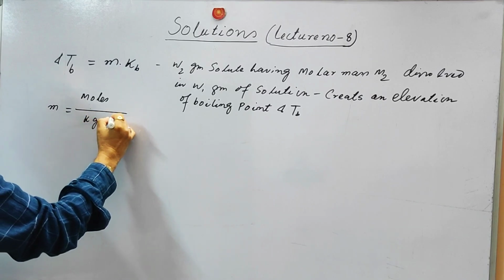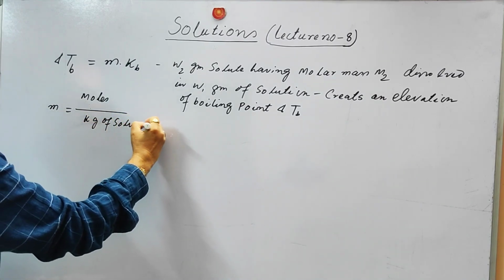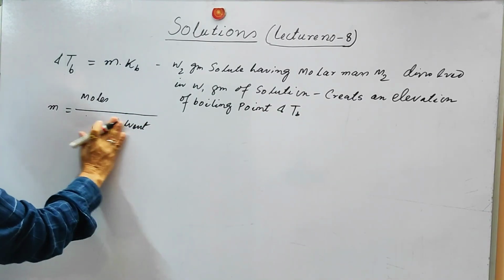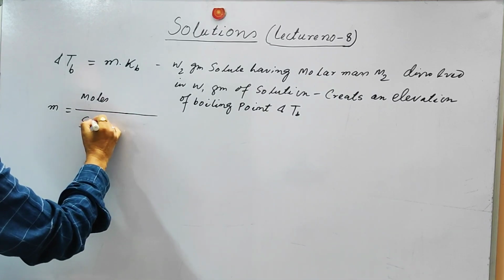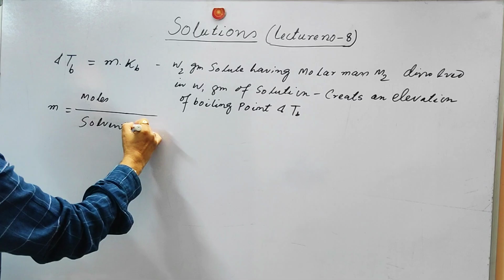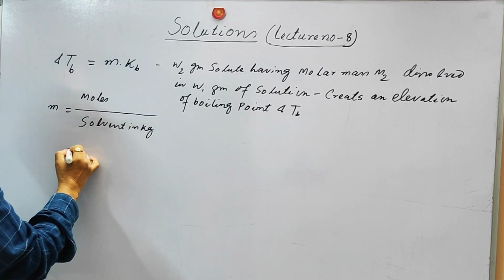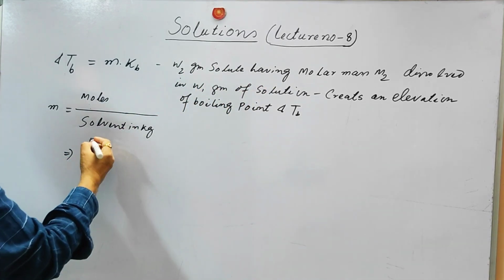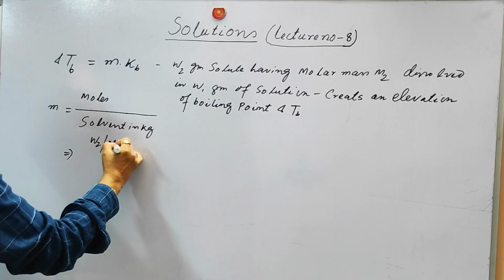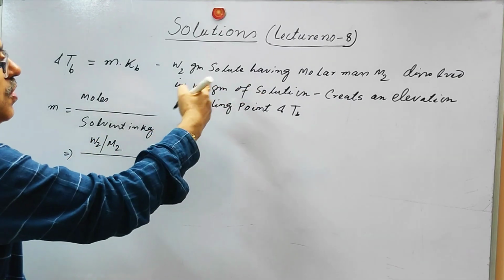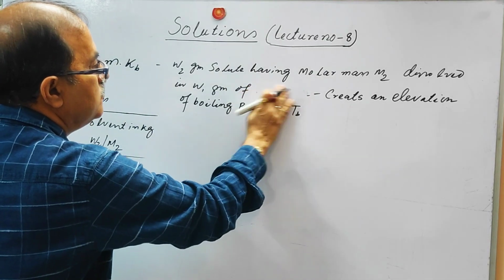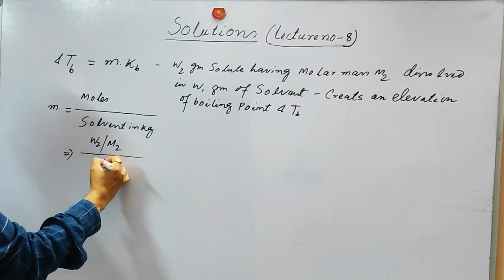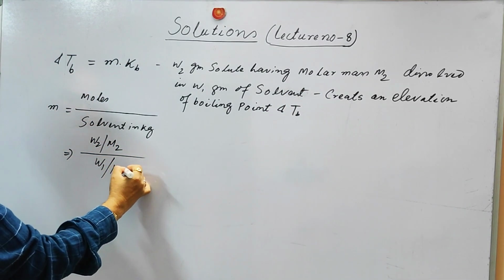Here the number of moles we can easily calculate: W2 gram of solute having the molar mass M2, so we write W2 divided by M2, and W1 gram of solvent we convert into kilos.